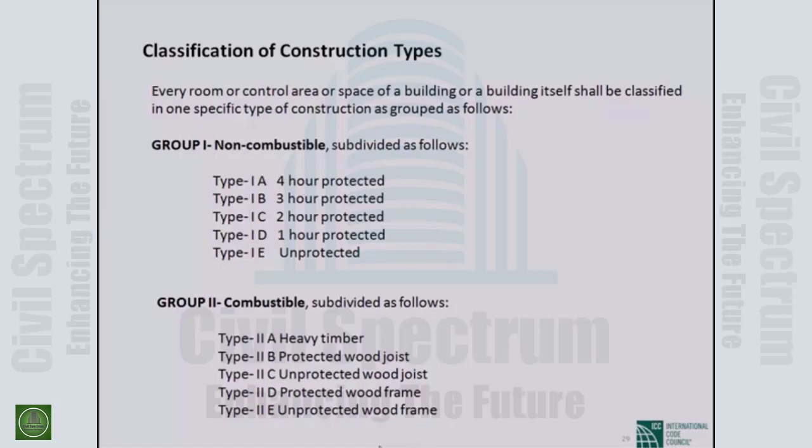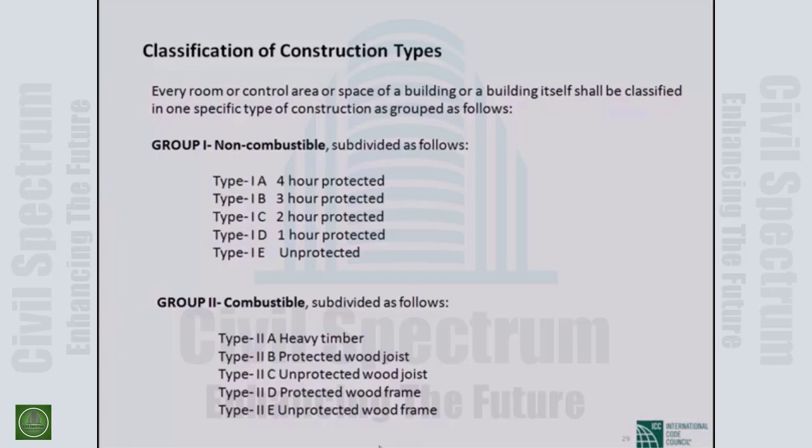So you can use steel with perfectly protective material, and then it will go up to the other fire-protected elements. So you have to think differently about the steel structure according to the fire rating you use for it. The steel structure can be Type 1A, B, C, D, E, everything, depending on how much fire protection you use on the steel. But if it is bare material and you are not giving any protection, it is unprotected.